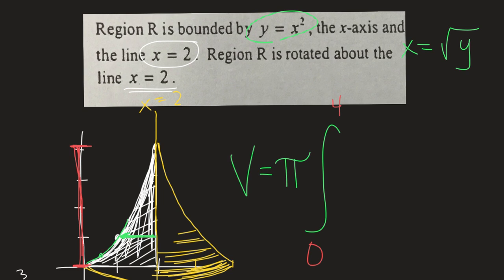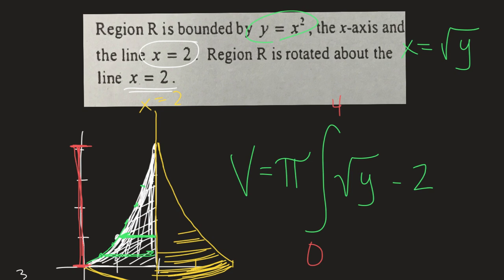Each one of these points represents the square root of y for some value of x. So your radius here is the square root of y minus 2. The whole distance from here to here is 2. We are subtracting 2 from whatever this y value is.